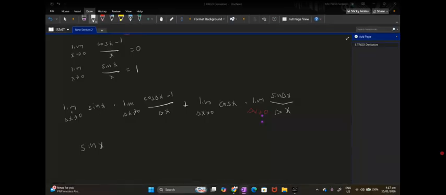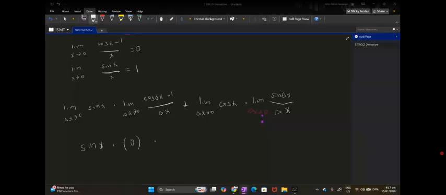The limit of sine x as delta x approaches 0, since we have no delta x here, stays as is, multiplied by the limit of cosine of delta x minus 1 all over delta x as delta x approaches 0, which is equal to 0.